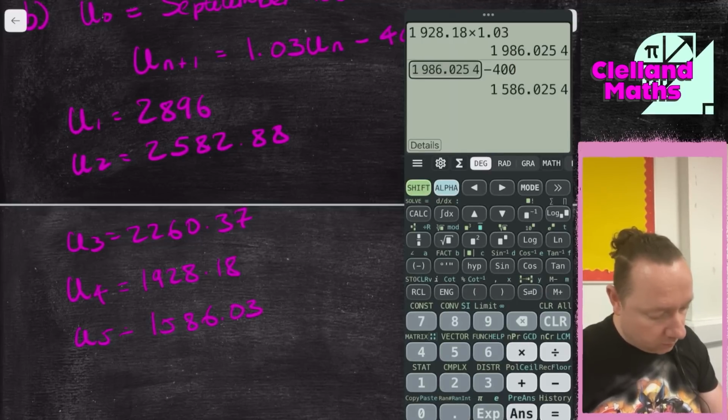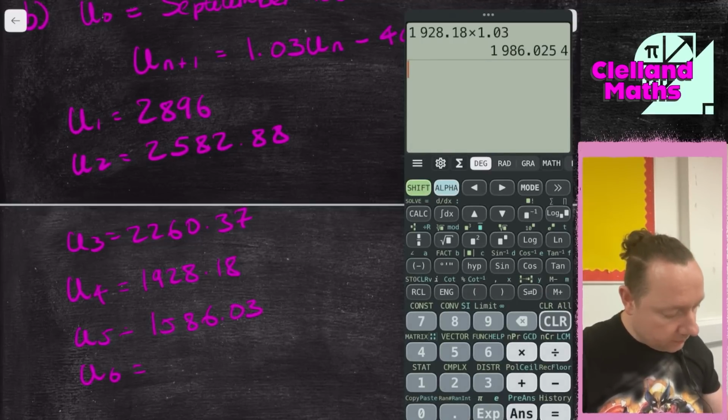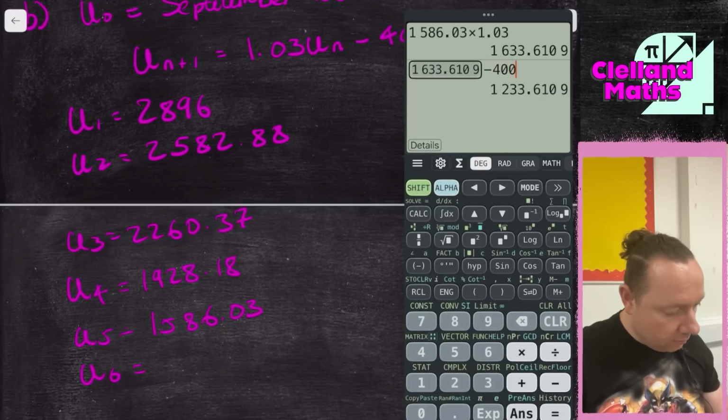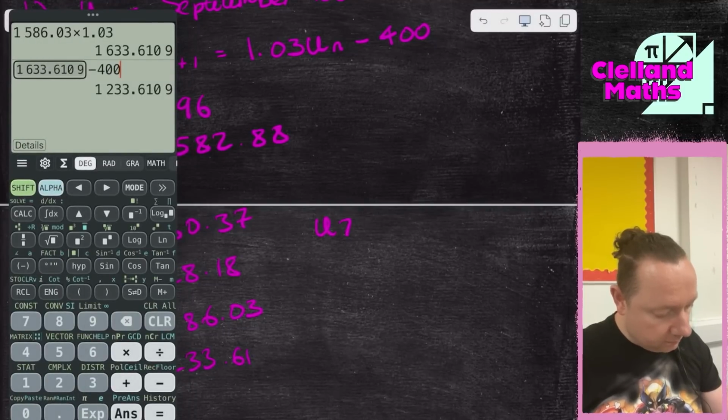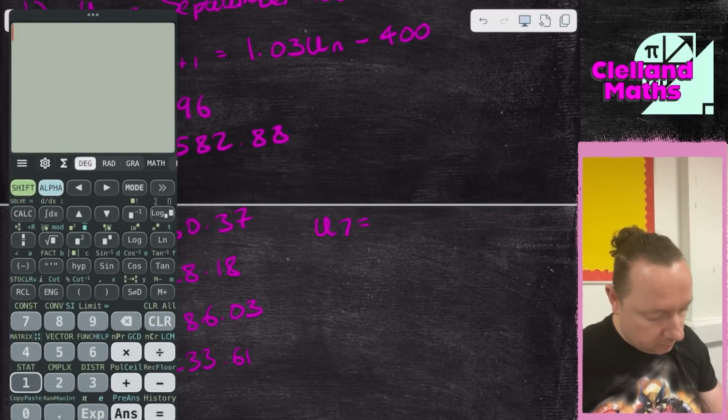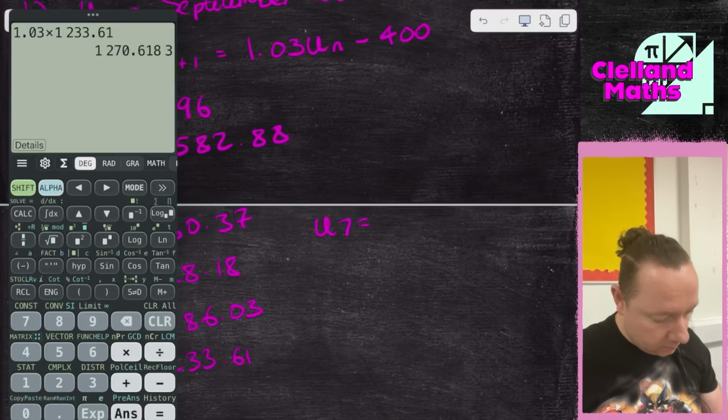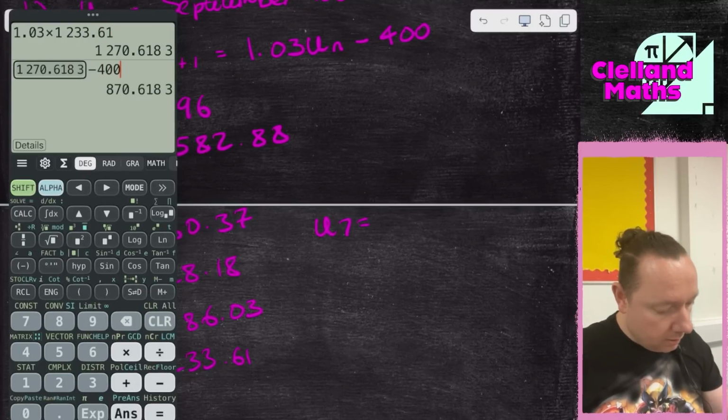1586.03, quite a long one this one. U6 is $1,233.61. U7 is $870.62.